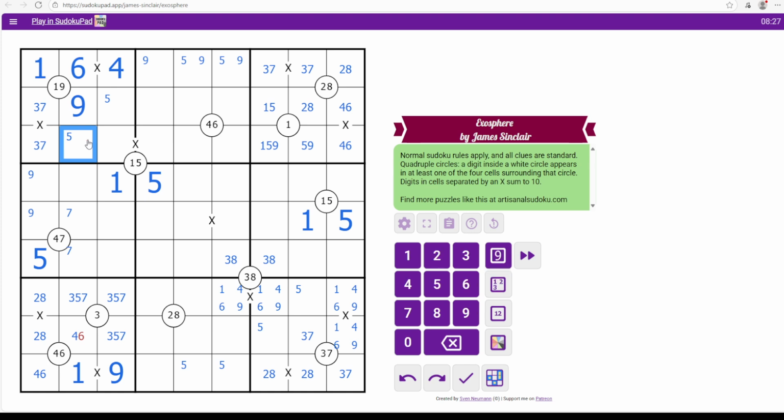So this makes this lot 5, 2, 8, and they must be a 2, 8 pair. That is 4, that is a 6. That can't be a 4, so that can't be a 6.